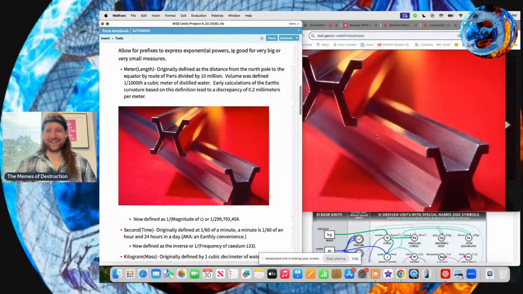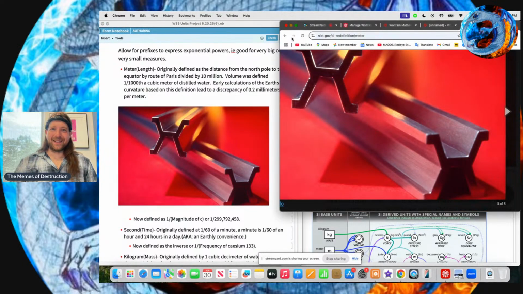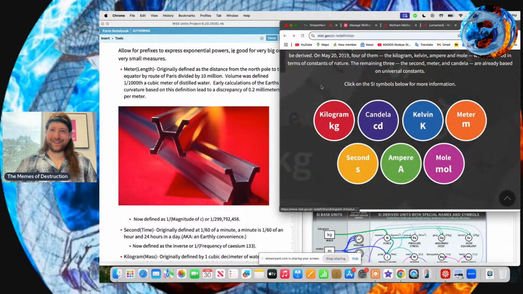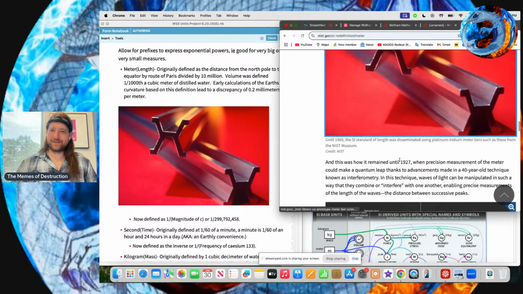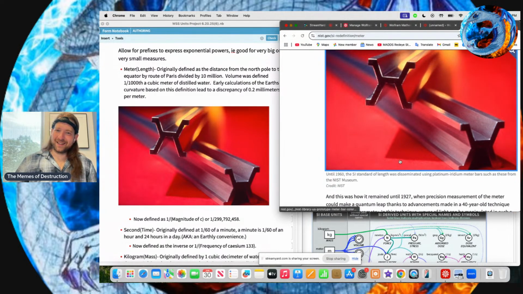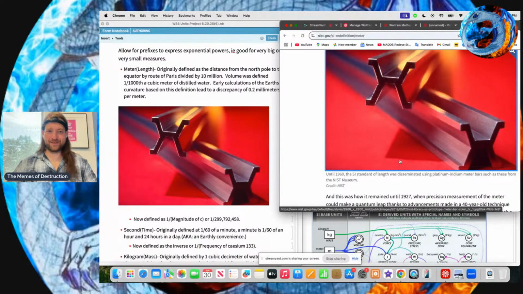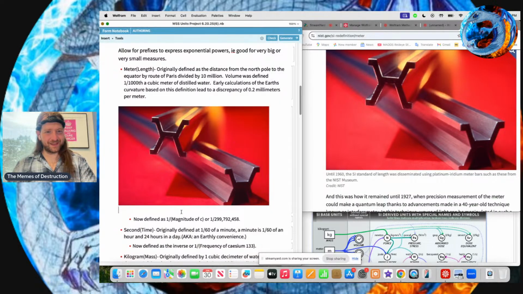Alright, so this was, oh, that's some cool pictures. Alright. Image of, of course, we're doing platinum iridium, everything.